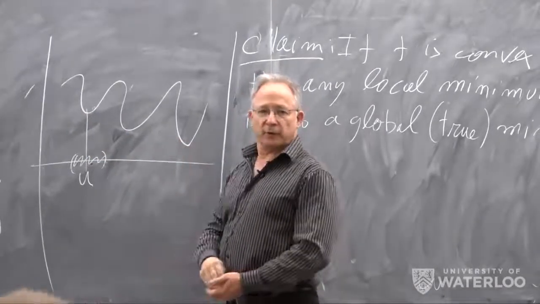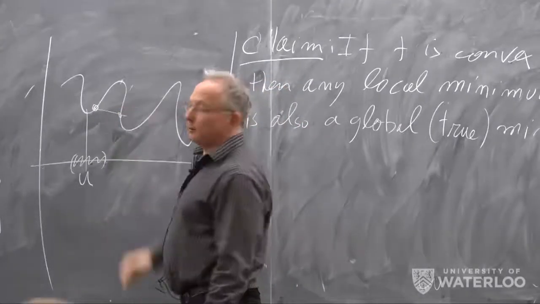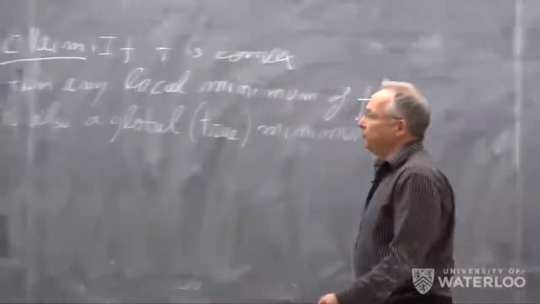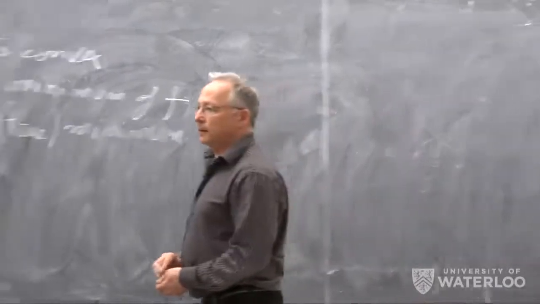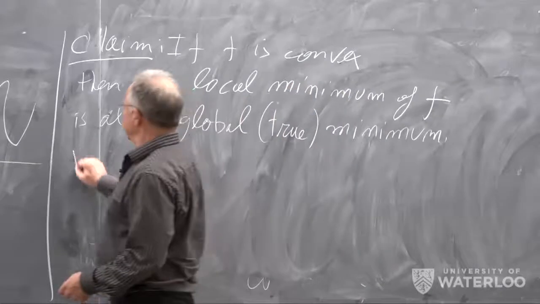Why is this function not convex? Because if I try to connect these 2 points and I look at the line, it goes under the function. But we need to give it a formal proof, this intuition. So what is the proof?